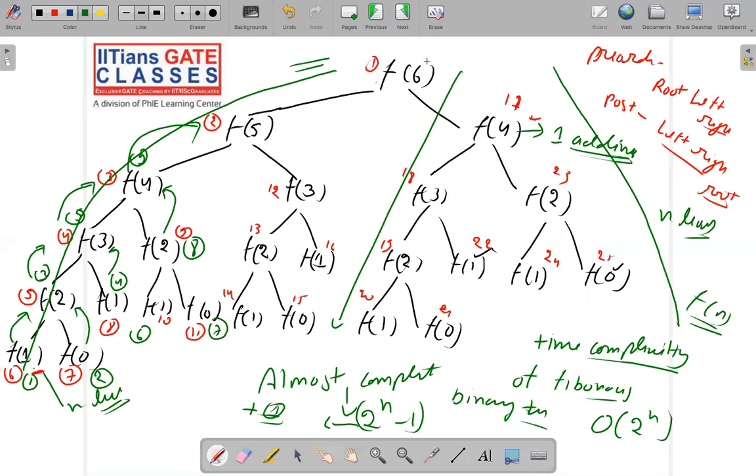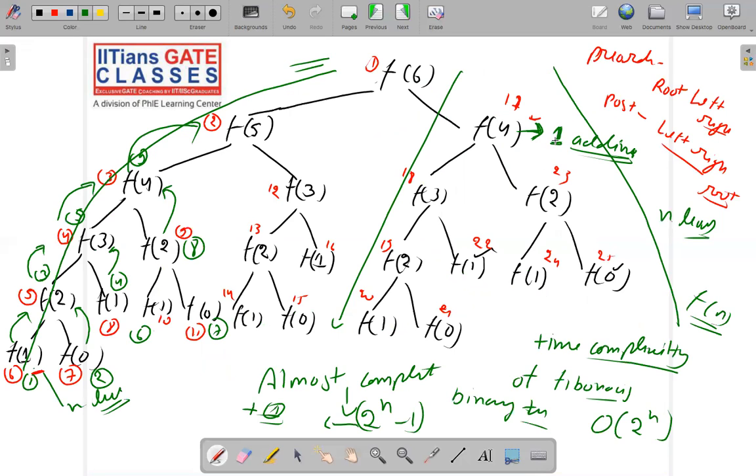You will actually try to get an idea of the levels of the tree, the number of nodes in the tree, and the effort of each node. Once you have these three things, the depth of the tree, number of nodes in the tree, and the effort at each node, you can calculate the time complexity. Here, effort is constant.